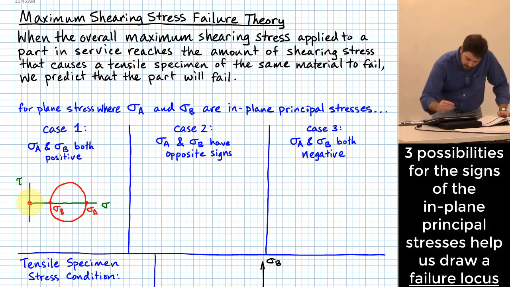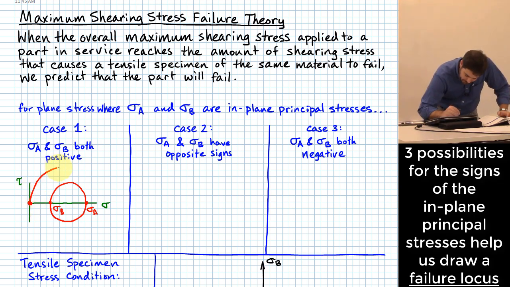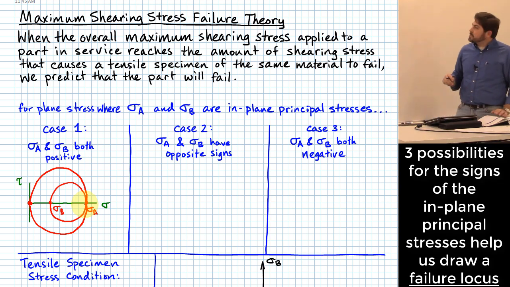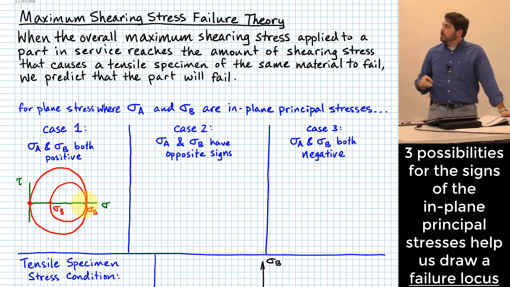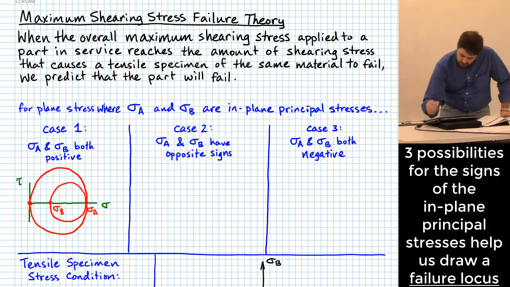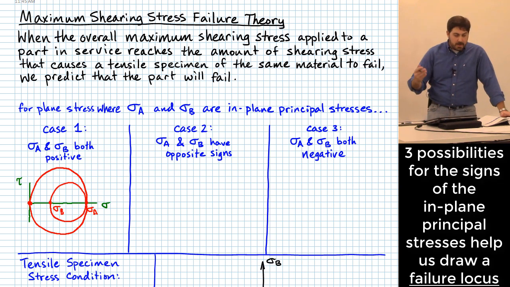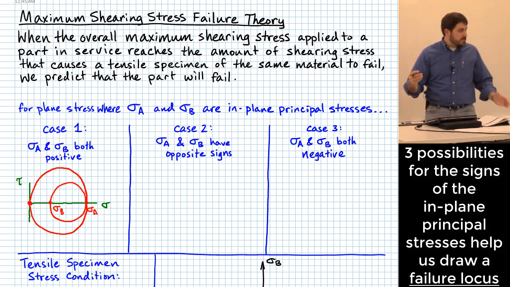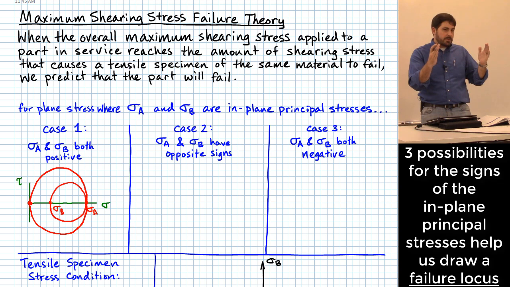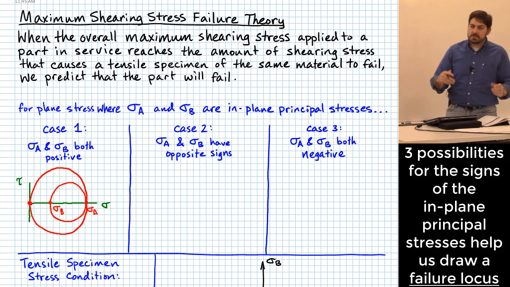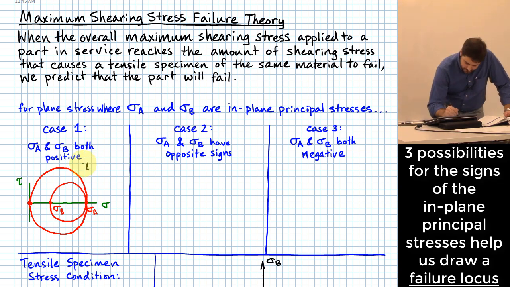And so there's this other circle that will exist here, something like this, right? And so what is the maximum shear stress going to be for that circle? Okay, sigma A is going to be the diameter. Since it goes back to 0, sigma A is the diameter of the circle. So the maximum shear stress is going to be what? Right. It's going to be sigma A over 2.